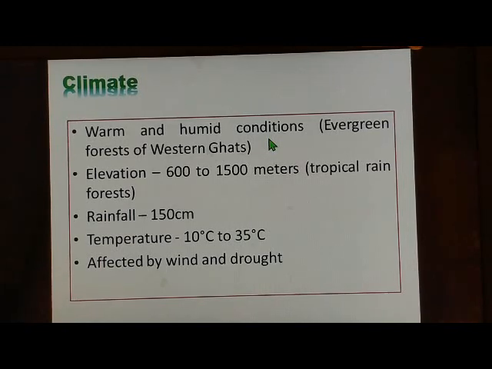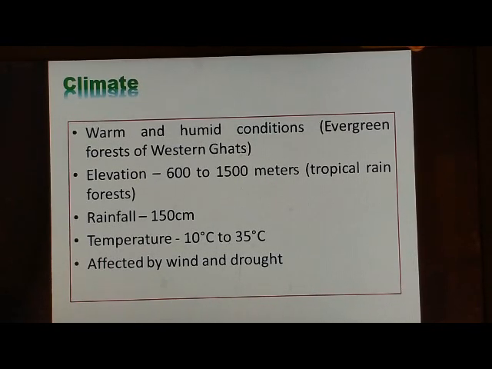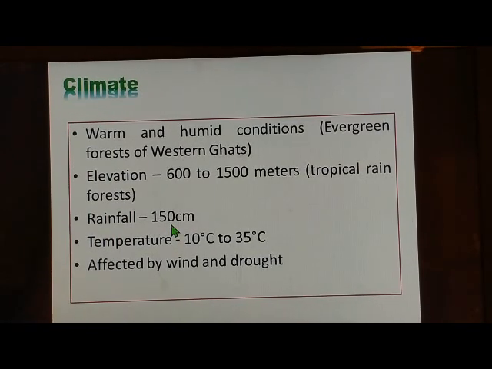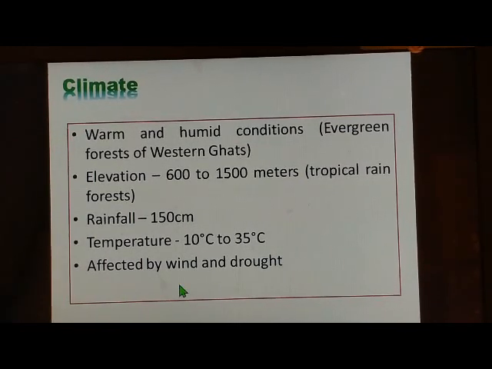The plant grows best at an elevation of 600 to 1500 meters in tropical forests, having a well-distributed rainfall of about 150 centimeters, and the temperature ranges from 10 to 35 degrees centigrade. The growth of the plants is usually affected by wind and drought. So these are the two factors which affect the growth of the cardamom plant.